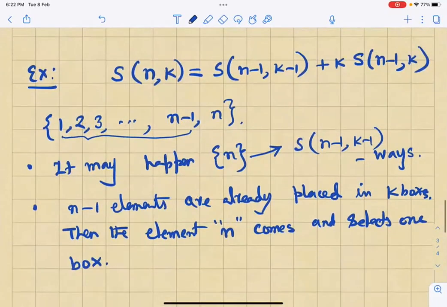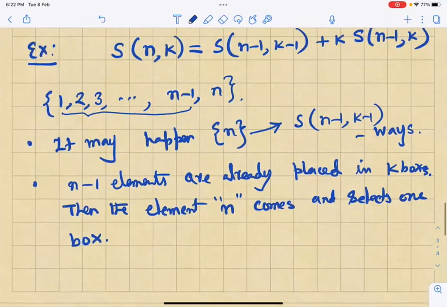The n-1 elements have been arranged in k boxes in S(n-1,k) ways, by the definition.